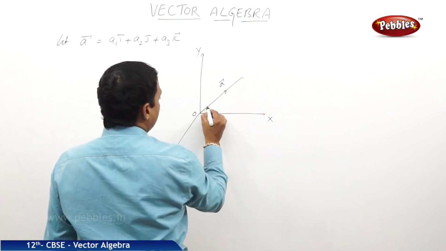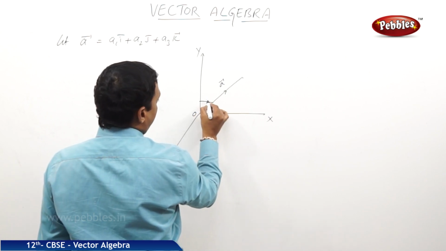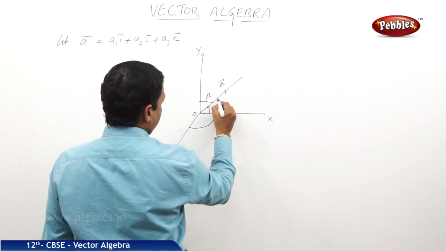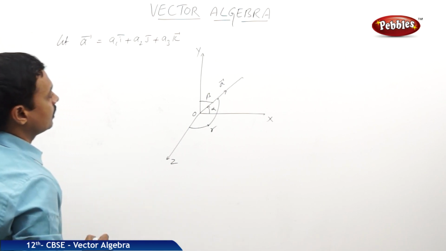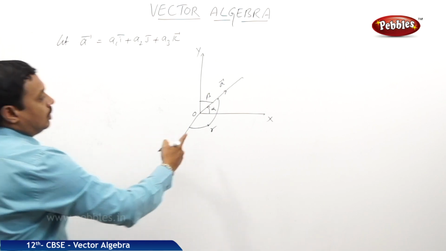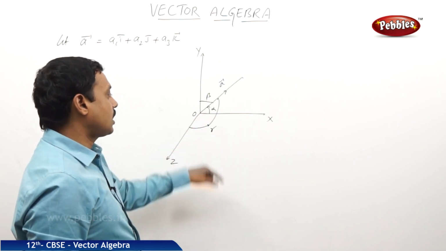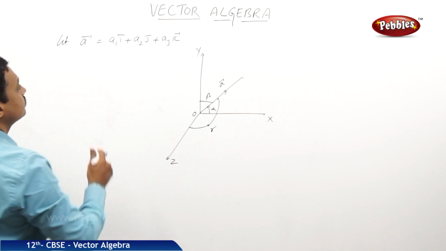It makes an angle alpha with the x axis, beta with the y axis and gamma with the z axis. Now, alpha, beta, gamma are called directed angles and cos alpha, cos beta, cos gamma are called direction cosines, we know.